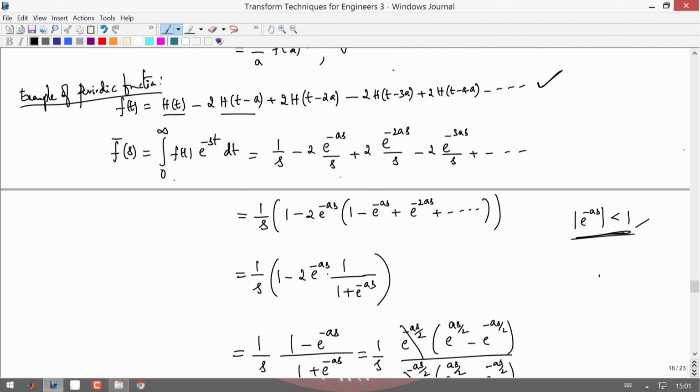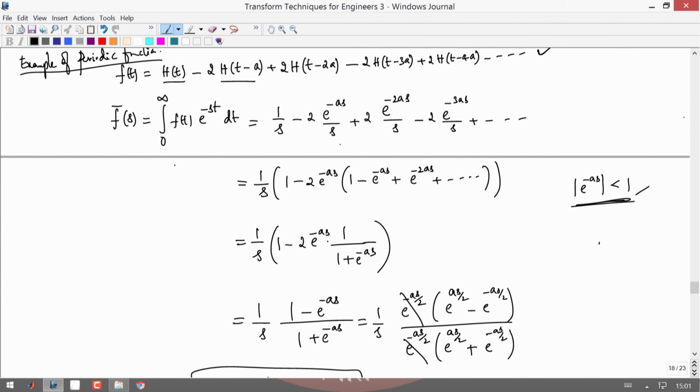I have not shown why this is uniformly convergent. The Laplace transform integral, when it exists, is uniformly convergent for s greater than some real number; the real part of s is bigger than, let us say, some a, where a is the order of exponentiality of the function f of t.